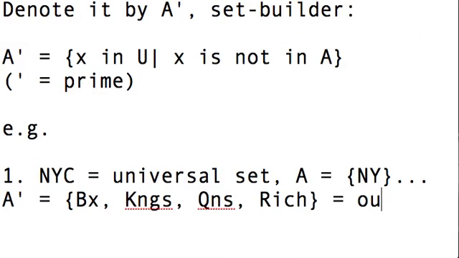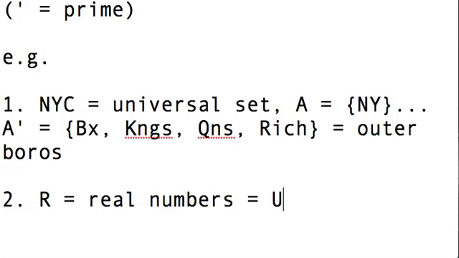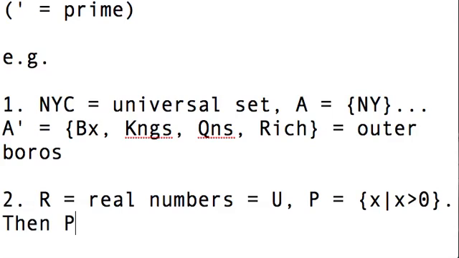Second, let the real numbers R be our universal set, and let P be the positive numbers. Then P prime is all numbers X which are less than or equal to 0. I'm basically out of time here, so yeah.